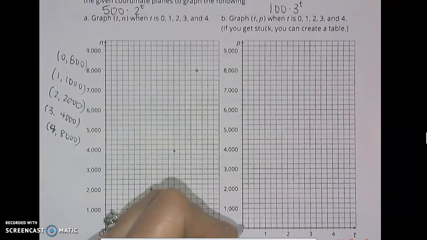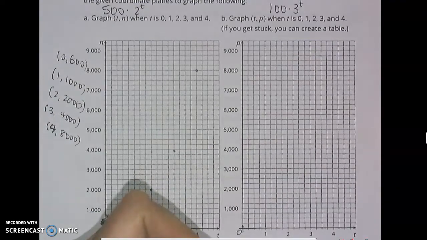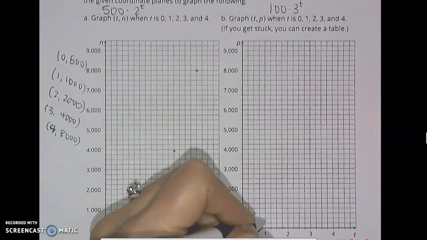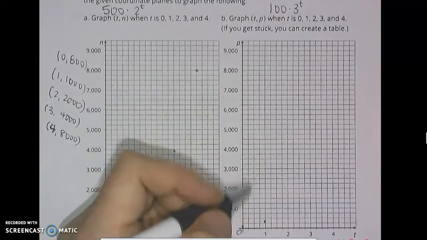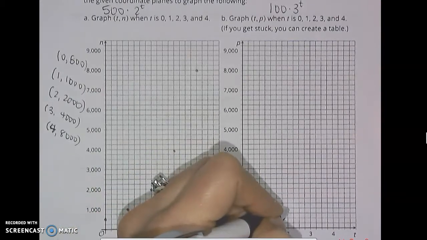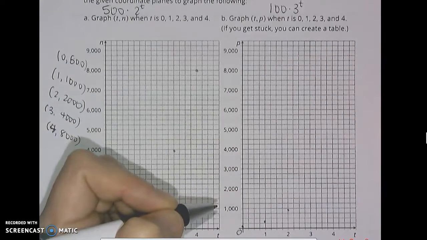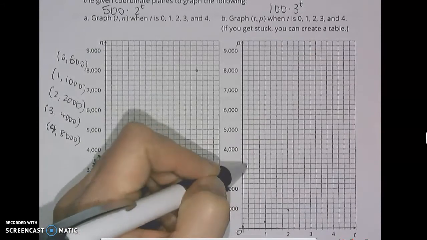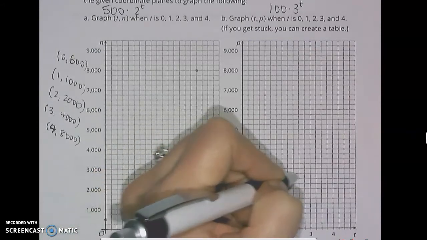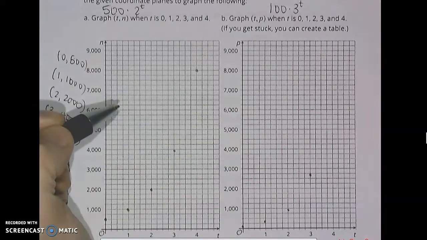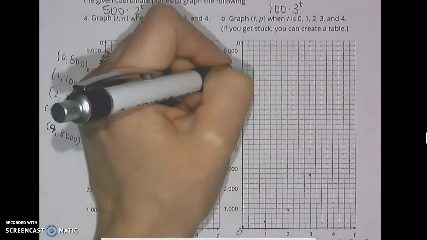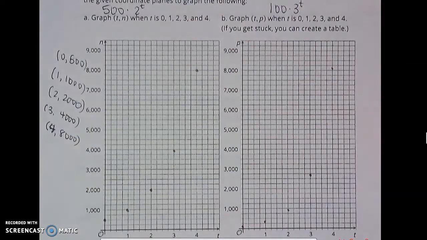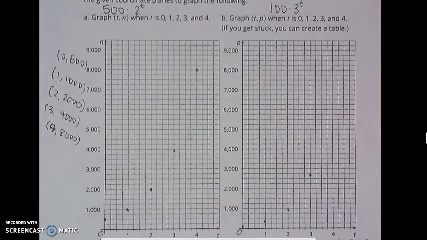So we're going to go about right there. And then at 1, we would be at 300. At 2, we would be at 900. At 3, we would be at 2,700. And at 4, we would be at 8,100. So up here.